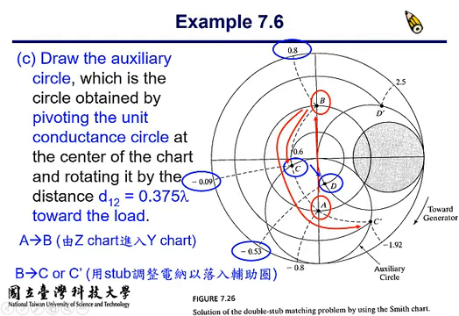So what kind of short stop is needed to achieve perfect matching? That is, the short stop shall provide a susceptance of positive 0.53, right?